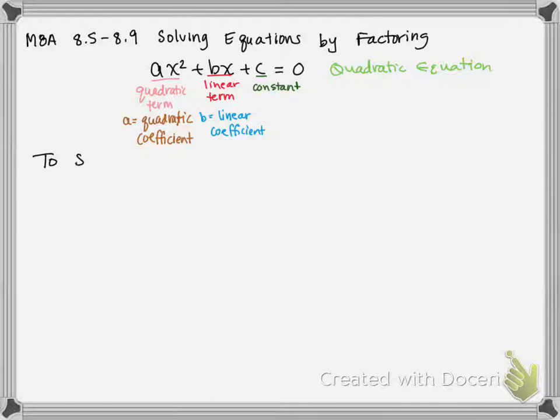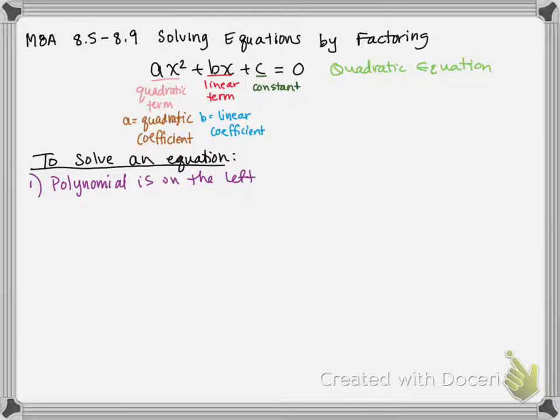So to solve an equation, first, the polynomial is on the left, and it's got to be in standard form, which is what we wrote up above, ax squared plus bx plus c on the left, and 0 on the right.